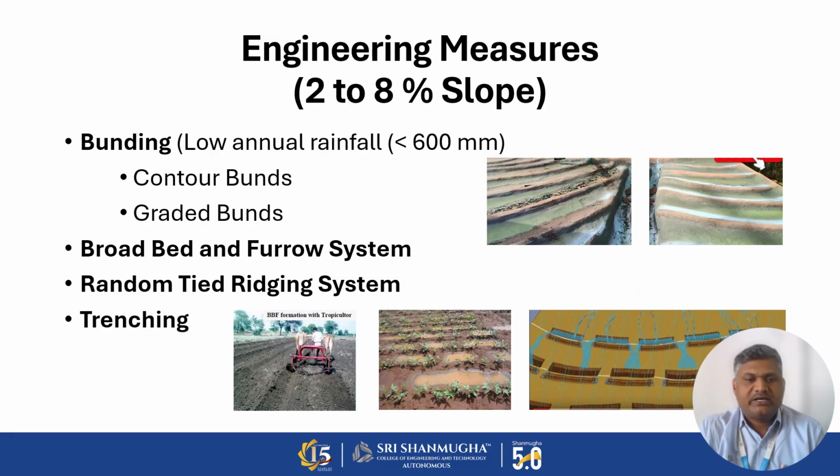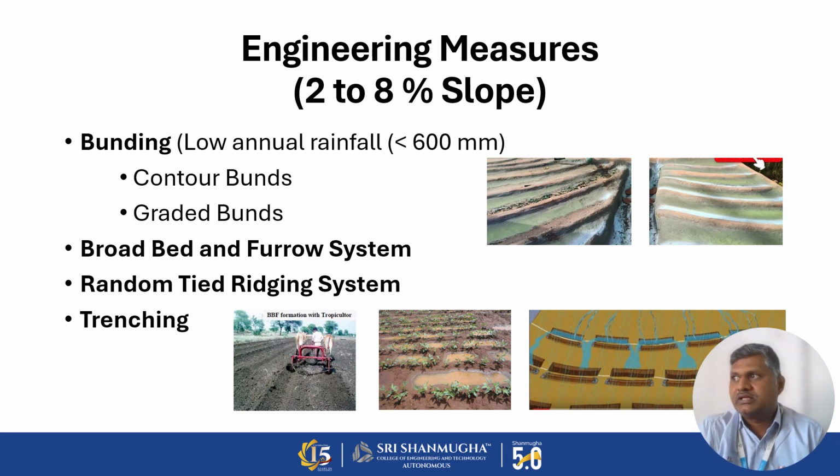The next one is called the random tide ridging system. Tides or ridges or pits are made randomly. These pits will hold the rainfall water.